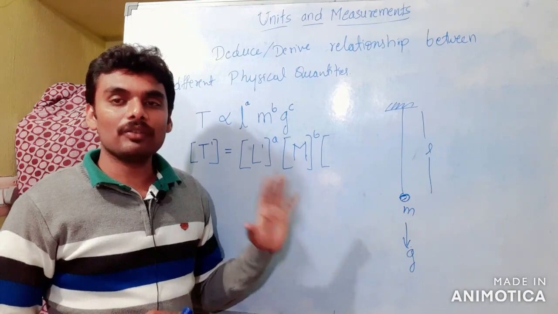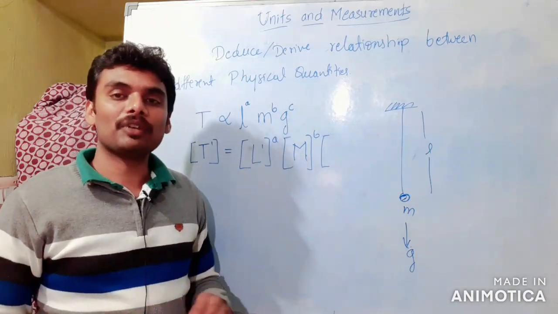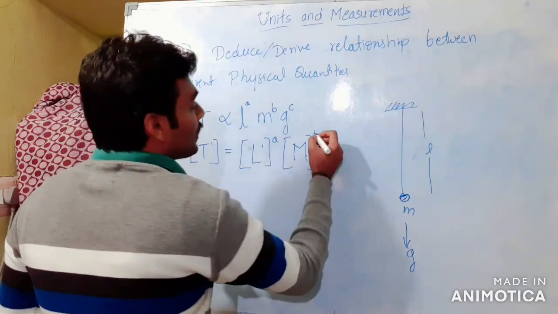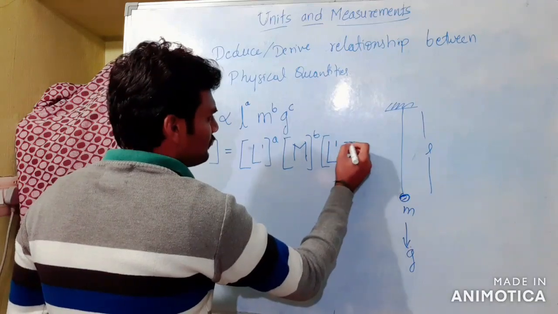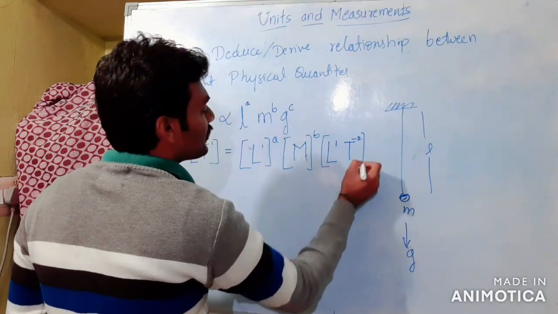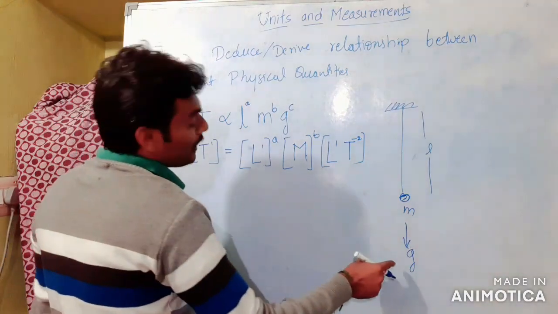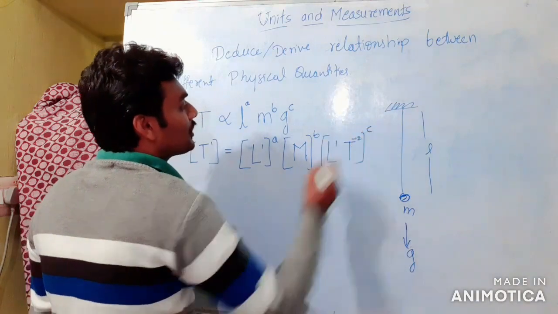Finally, it is acceleration, so g will have the same unit and dimension as acceleration. You all know that the dimension of acceleration is L1 T minus 2, isn't it? L1 T minus 2 is the dimension of acceleration, and L1 T minus 2 raised to c.